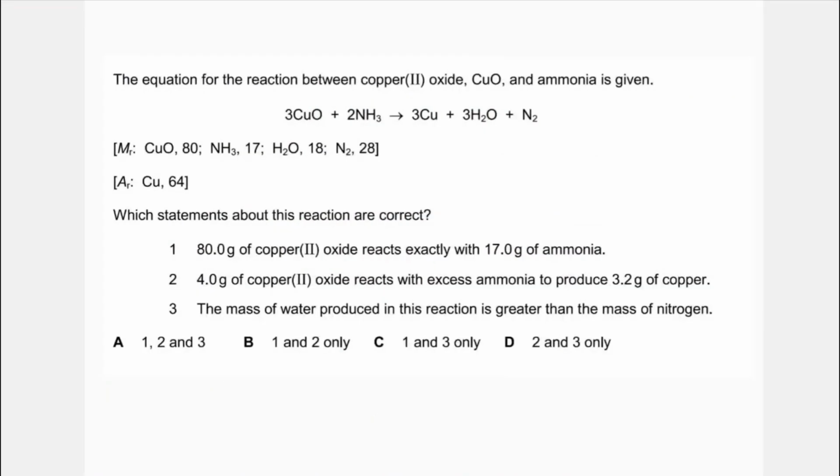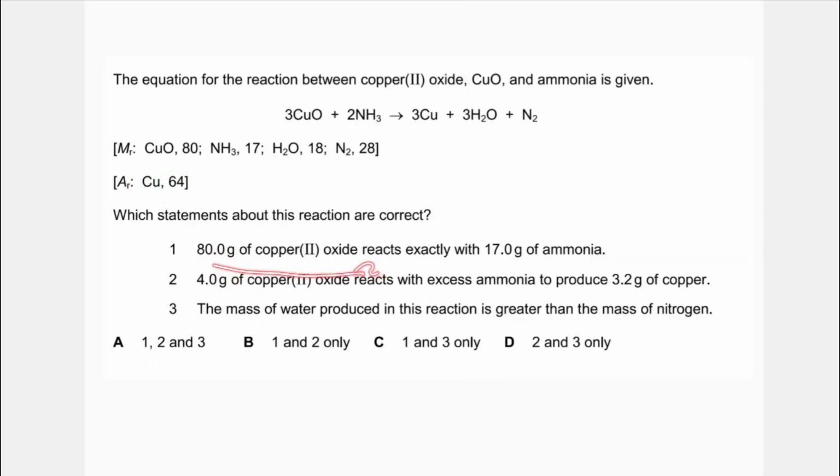The equation for the reaction between copper(II) oxide and ammonia is given. Copper(II) oxide, ammonia, copper, water and nitrogen, and you have the molar mass of all of those, and the atomic mass of copper. Which statement about this reaction is correct?